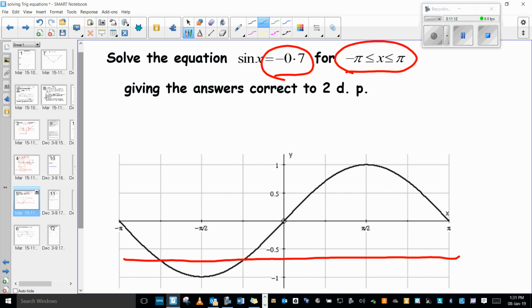Are you better working in degrees and then changing your answers to radians? You have to make a choice as to where your brain's best suited, and that's going to determine how you do your working. But you must make sure your final answer is in the correct mode.